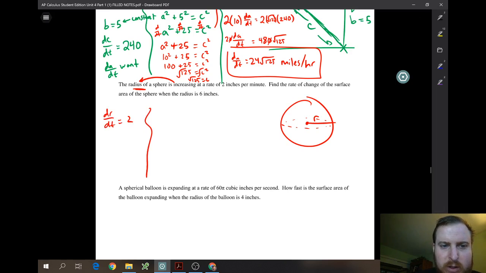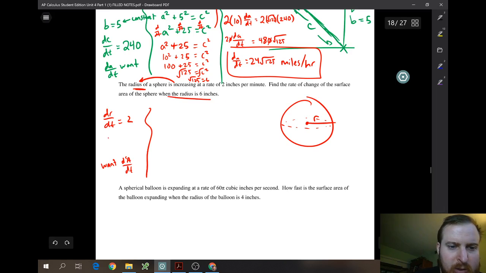Find the rate of change of the surface area. So we want d area dt, or if you want to put surface area dt, you can, when the radius is 6 inches. So this is not a constant. We can't plug it in, right? It's changing. It's not a constant. Now, what's our formula for surface area? Surface area is, we look on our chart, 4 pi r squared.